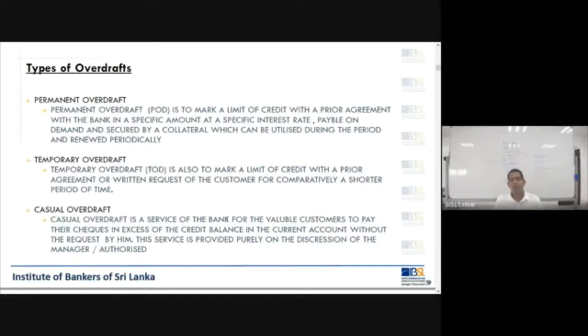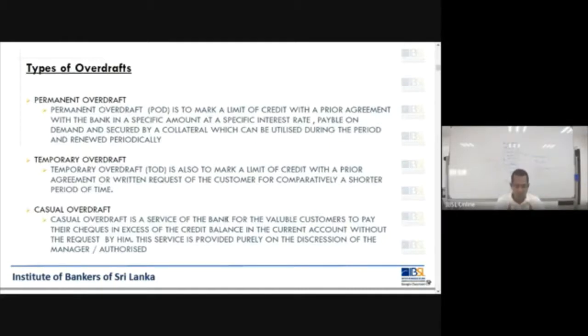Then temporary overdraft is again the same, but it is for a very short period. Maybe not very, very short. It may be for a month or it may be for a 3 months period, right? It is a temporary facility with a written request from the customer.